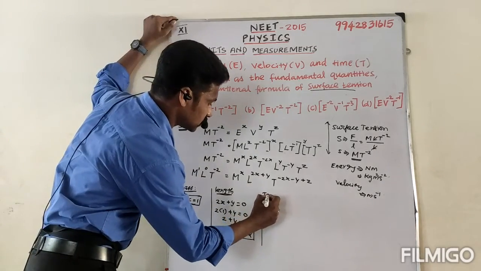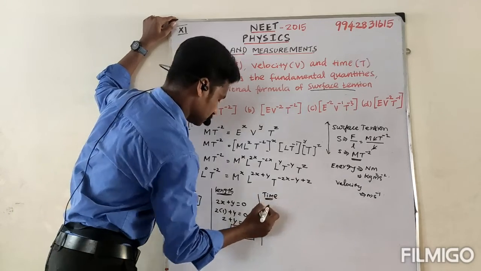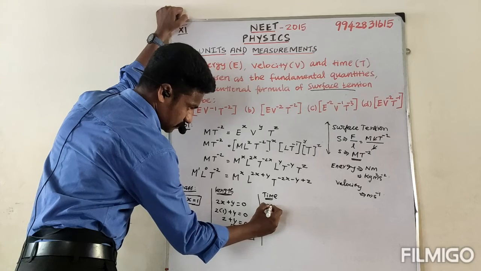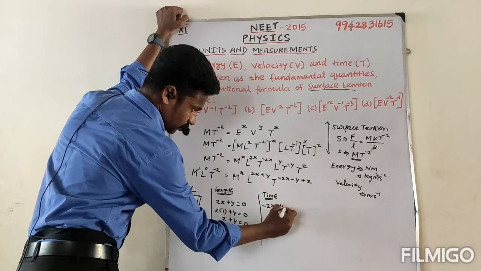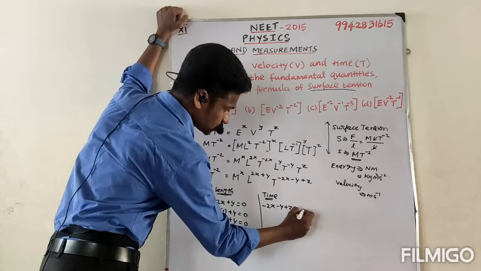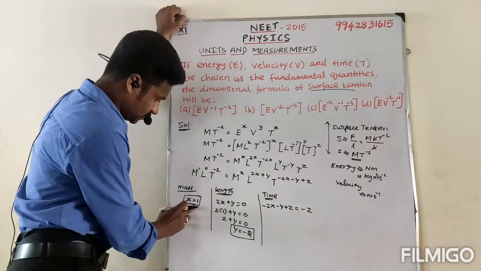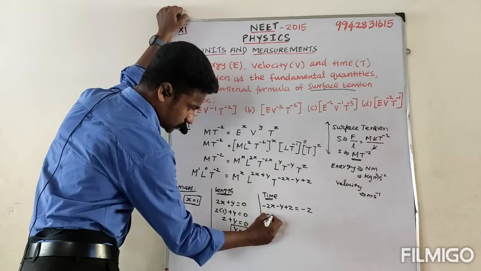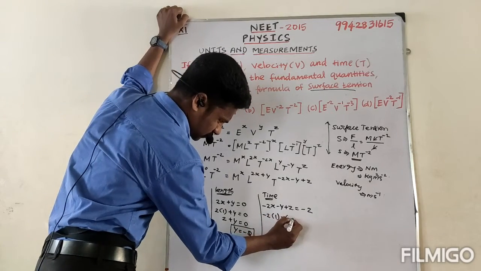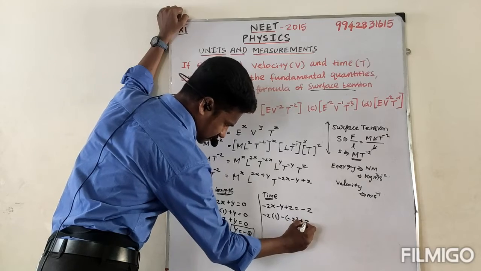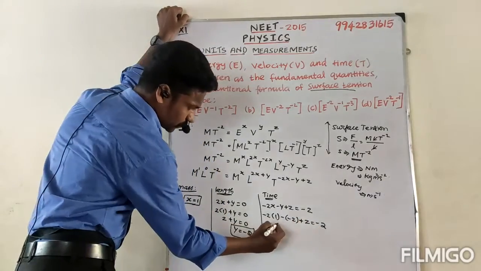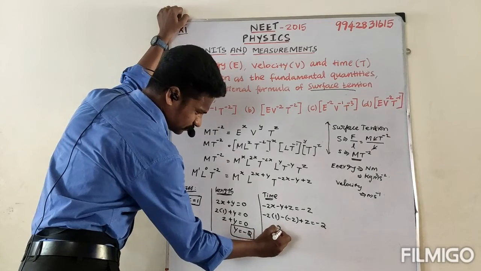Like that, let's take the time factor. In the time factor, on the right side we can write minus 2X minus Y plus Z is equal to, here the time factor, what? Minus 2. You know X is equal to 1. Apply here: minus 2 into 1, minus Y value which is minus 2, so minus 2, then plus Z is equal to minus 2.